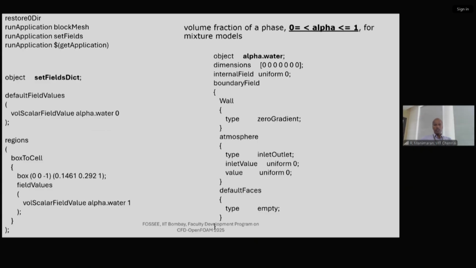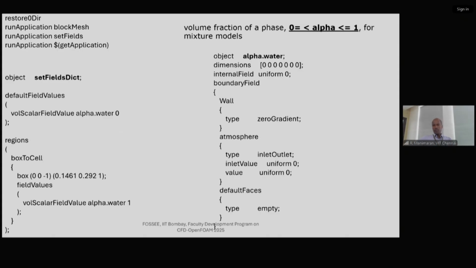For example, in a region where you want to define the water, you create a box for that, a simple approach, and set it equal to 1. Alpha is 1, that means water. By default, you put alpha as 0, that means it is gas or air. This is defined in setFieldsDict before you call the application, your solver like interFoam. And remember that you should have the blockMesh ready before, after which you should run setFields.